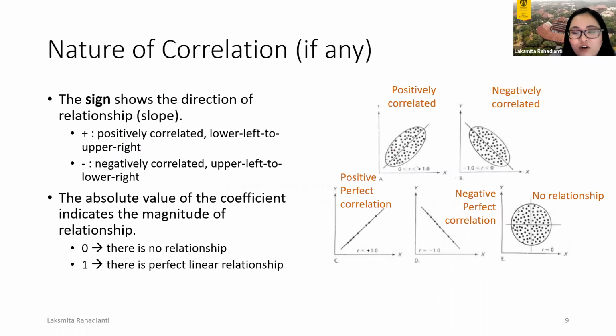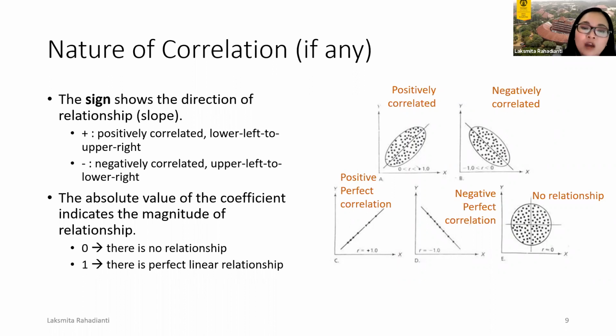For the nature of correlation, I can use a scatter plot to see in which direction the relationship goes. Like, for example, if it's a positive correlation, it goes that way, it goes to upper right, it's positively, and on the other way, it is negatively correlated. And if it's a perfect correlation, it will be closer to 1.